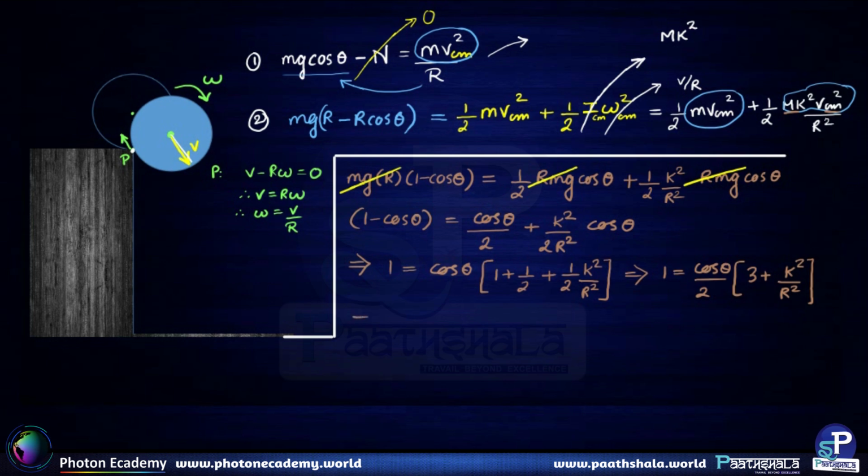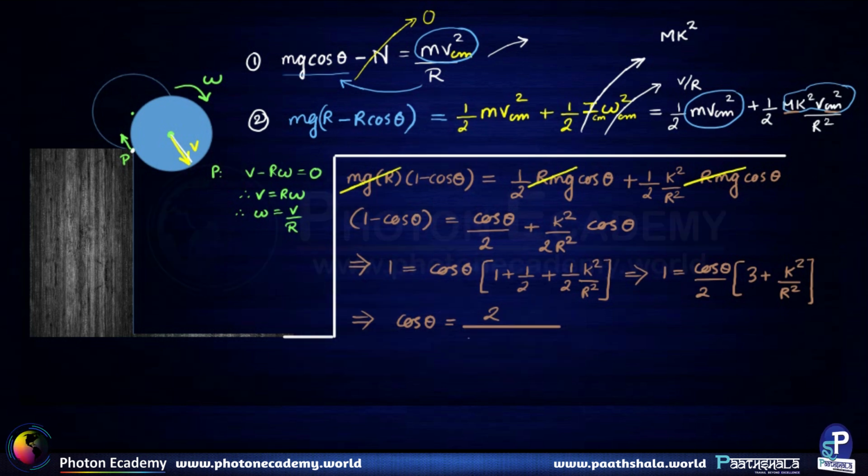So this will imply that our cos theta is equal to 2 upon 3 plus k square upon r square. So this is the easiest to remember basically.